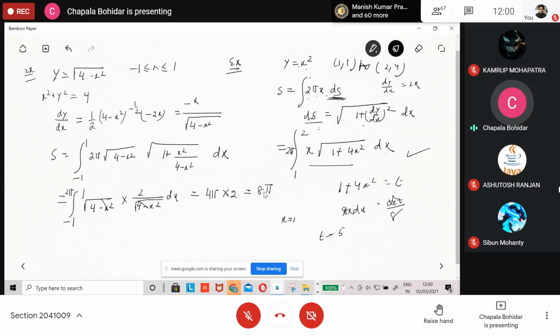When x is equal to 2, 2 square is 4, 16, 17, so t is equal to 17. So I can write this as the integration 2 pi, from 5 to 17, root t, 1 by 8 dt. Simplify and find your result.